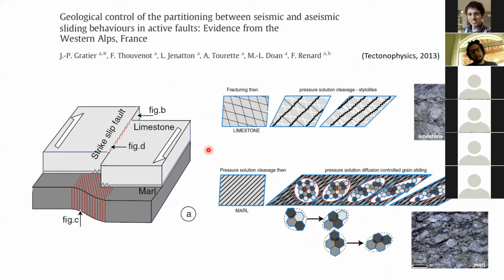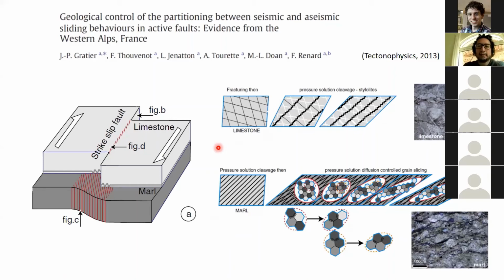This interpretation is also related to what we know about the mechanical behavior of these two materials, limestone and marl. Marl is more prone to creep by pressure solution mechanisms, for example. So they are weaker materials, in the sense that they are less brittle than limestones.